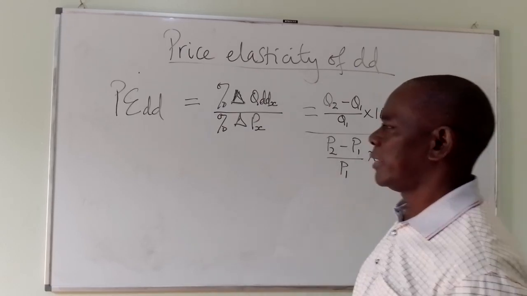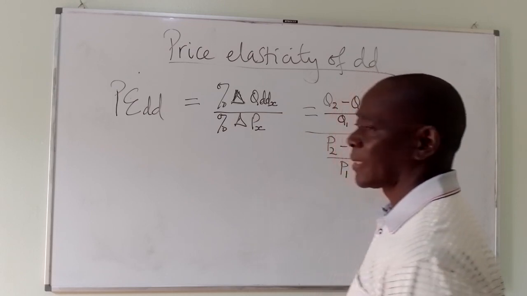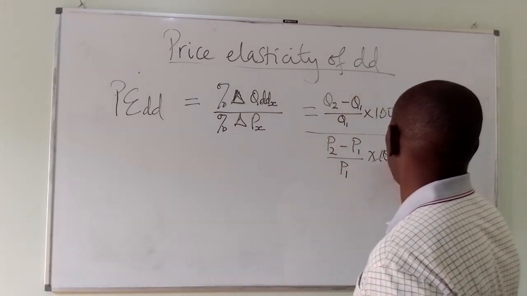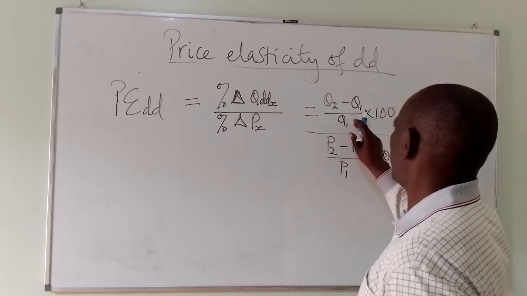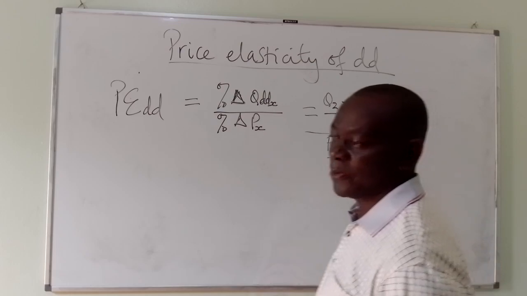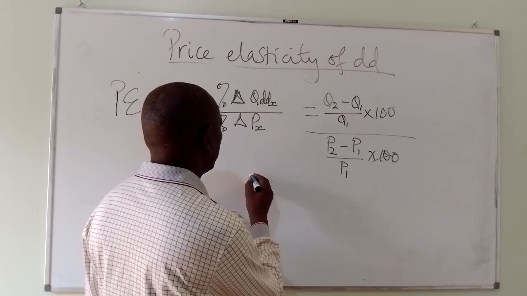So what do we do when we come to this level? We see 100 here, we get rid of it, and we remain with this. What does it mean? That now we are going to have the change.